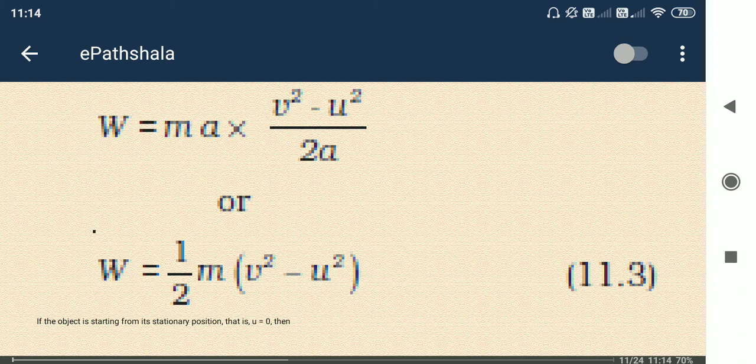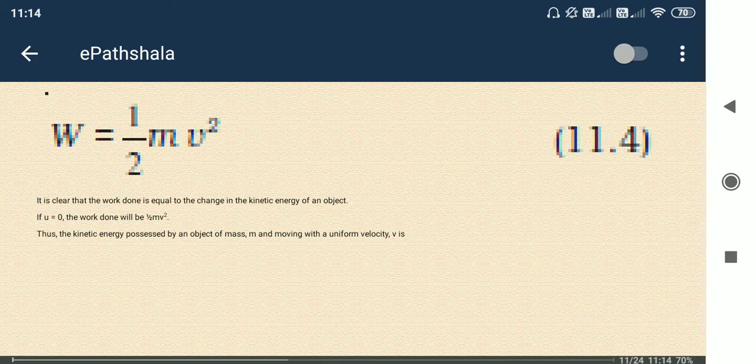So now the energy is half m v square, but the initial energy was half m u square. The difference of these two kinetic energies is the work done, meaning the work that is stored in the object or body, okay. That's why the work done equals the energy changed. So work done is actually equivalent to the energy gained, or energy used, okay.